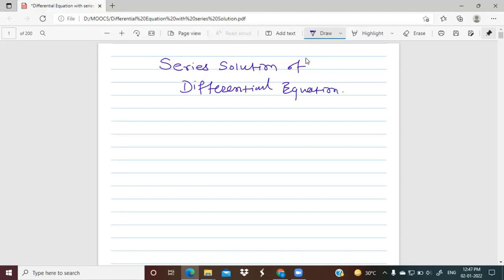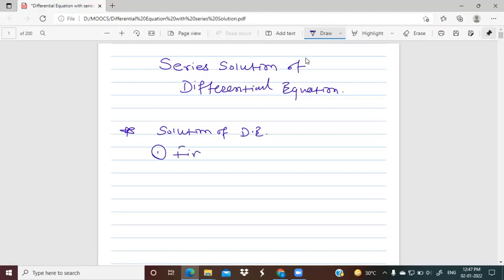First of all, we will recall some ideas about differential equations and then I will move towards this article. We know how to find the solution of a differential equation.